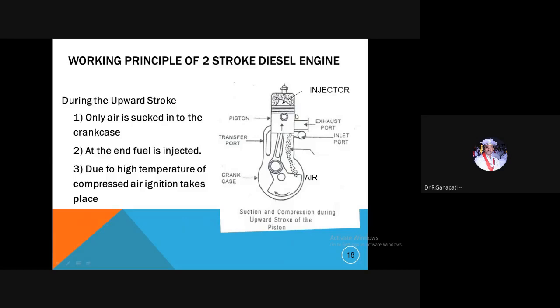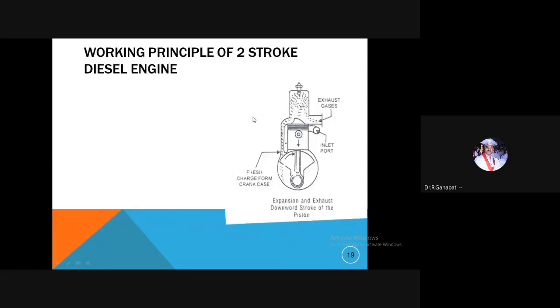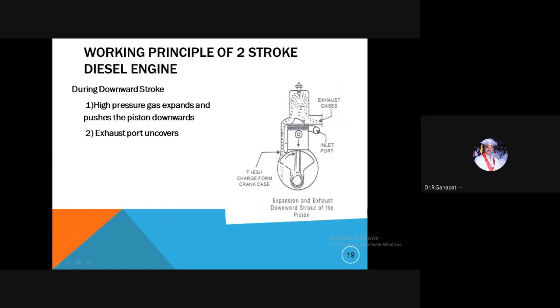The fuel will be injected with the help of the fuel injector in fine particles at nearly 140 to 160 bar pressure. At such a high pressure, the fuel is injected here, the combustion takes place, and it is followed by the downward stroke.